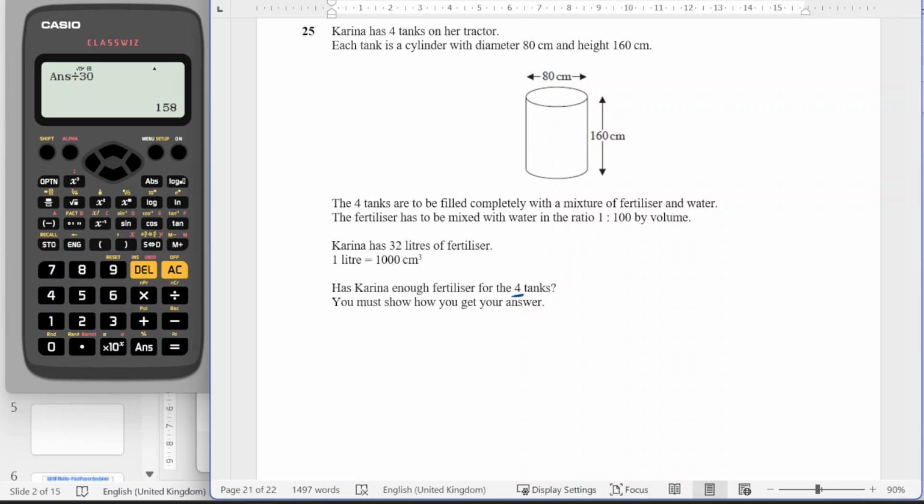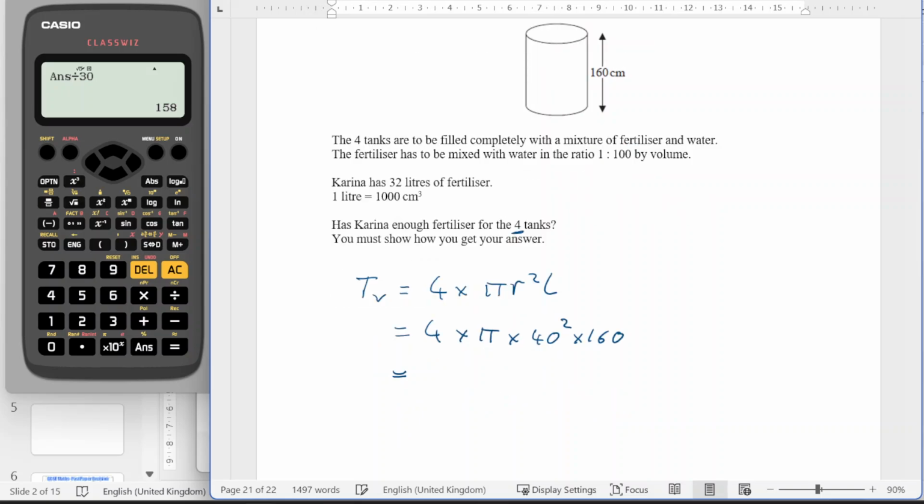So the total volume is going to be equal to 4 times pi r squared L. So that's going to be 4 times pi times 40, which is the radius, times 160. I'm going to leave it in terms of pi just for ease. So 4 times 40 squared times 160.